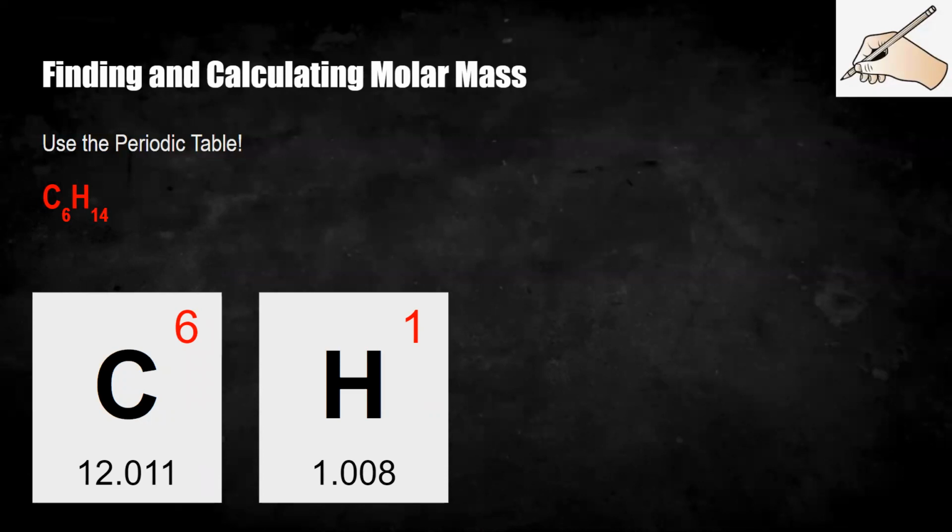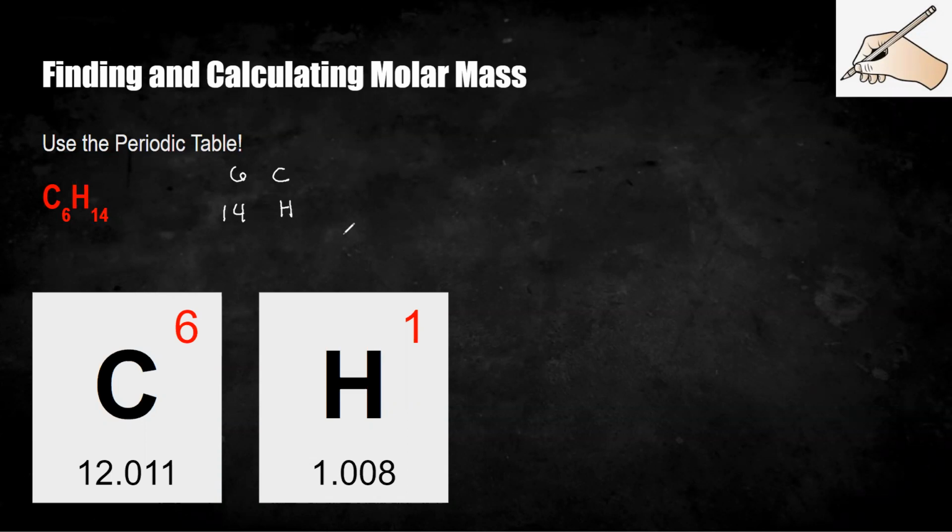So in this compound, this is C6H14, that's the molecular formula. So that is telling us that we have 6 carbons and we have 14 hydrogens.